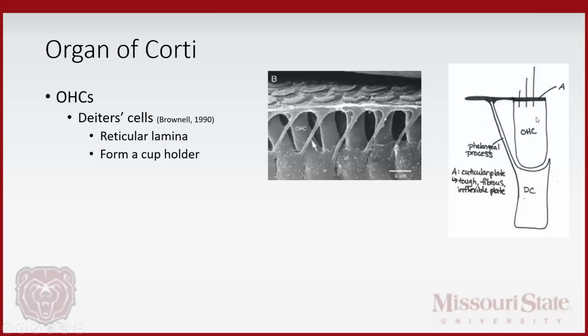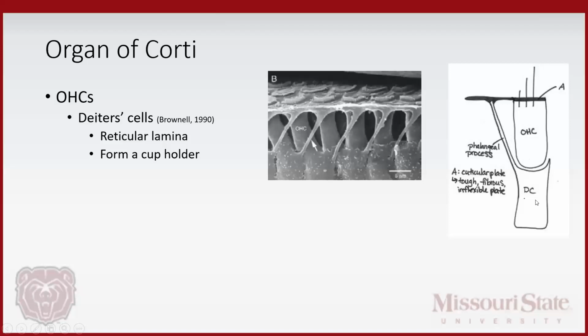So basically, the outer hair cell is not supposed to be in contact with anything at the bottom. There is no cell to hold it in place, because the idea is that the outer hair cell, to be able to do its job, needs to contract and elongate, and it shouldn't be tied down by anything.